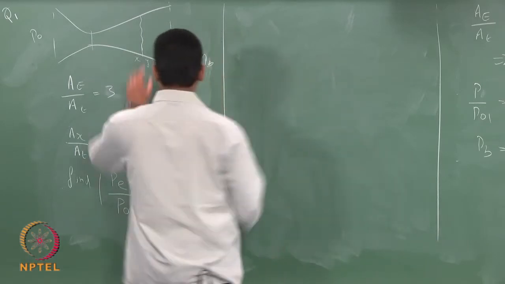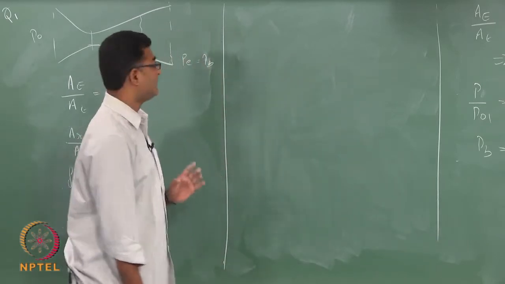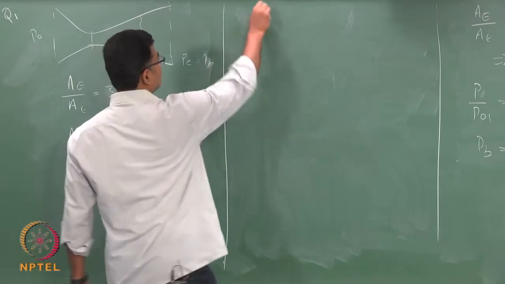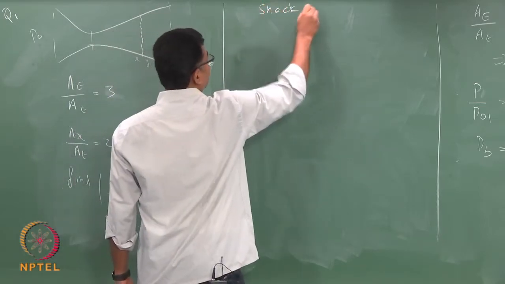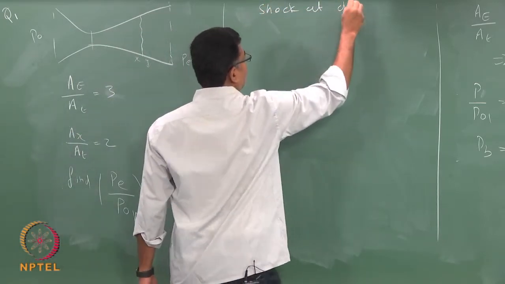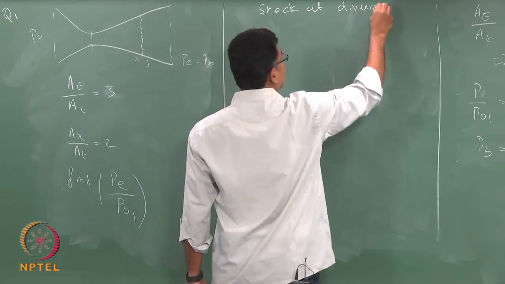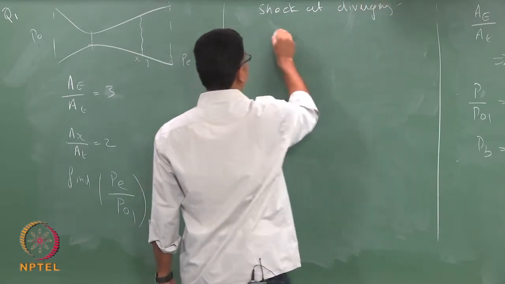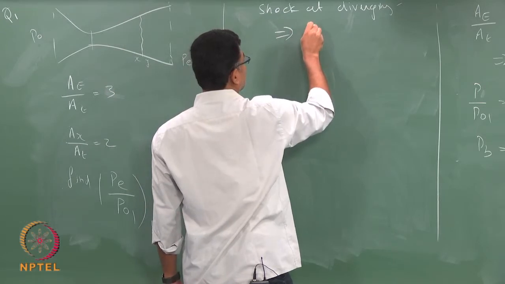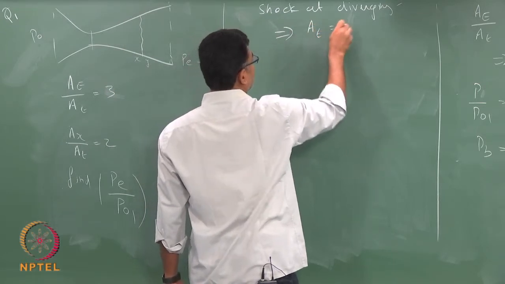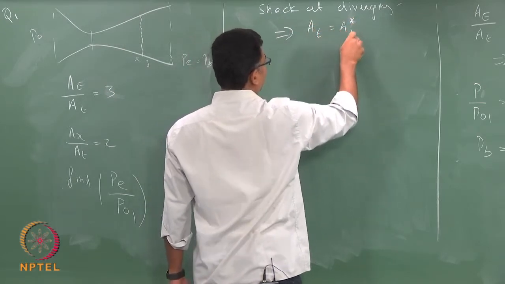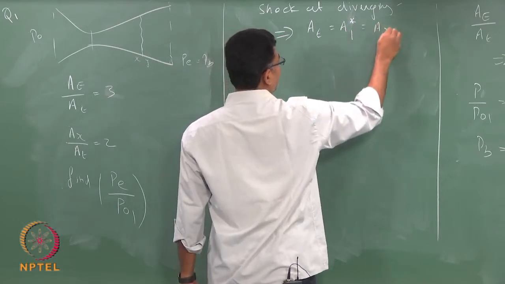Again we start from the information we have. There is a shock, diverging section implies A throat is your A star 1, which is your A star.